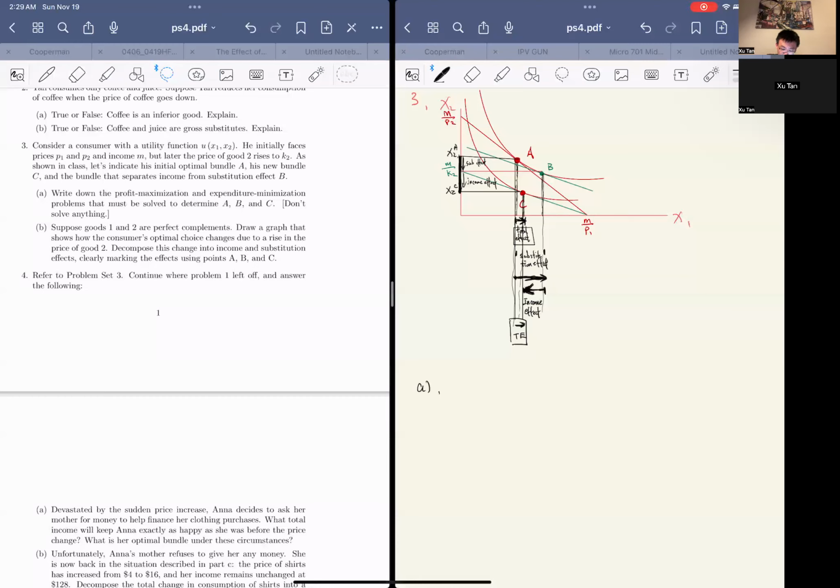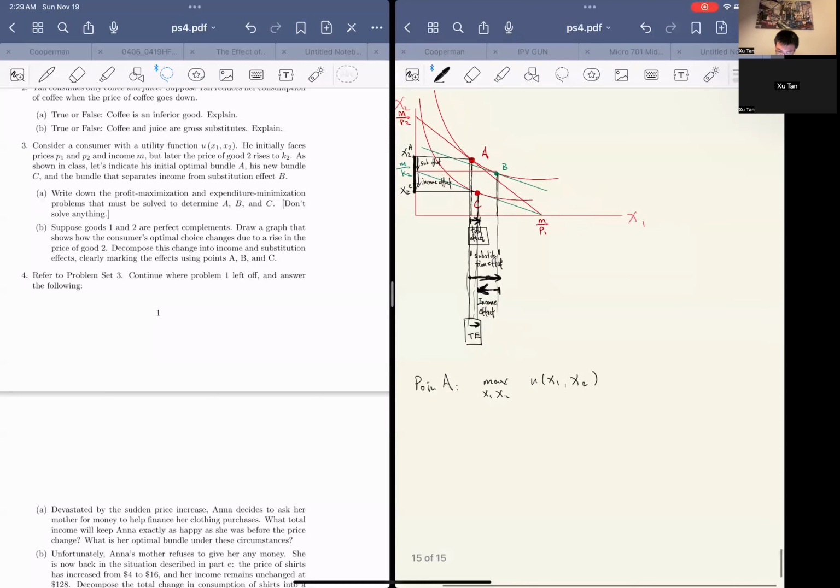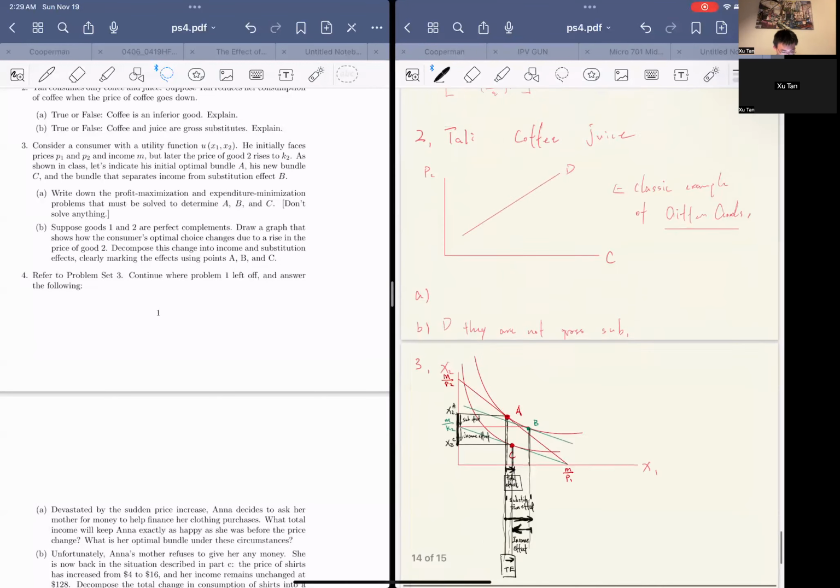Okay, so for point A, it's pretty easy. It's just a normal max over x1 and x2 of the utility of x1, x2, subject to our budget.